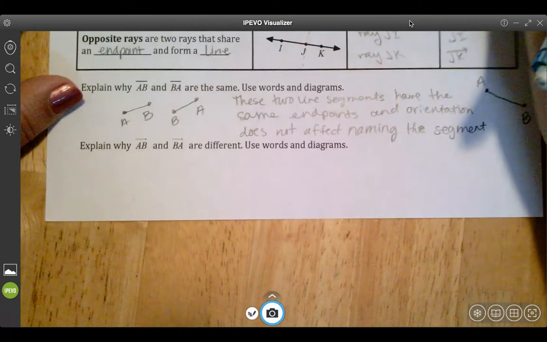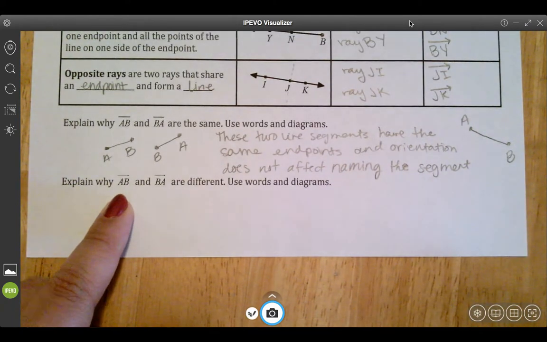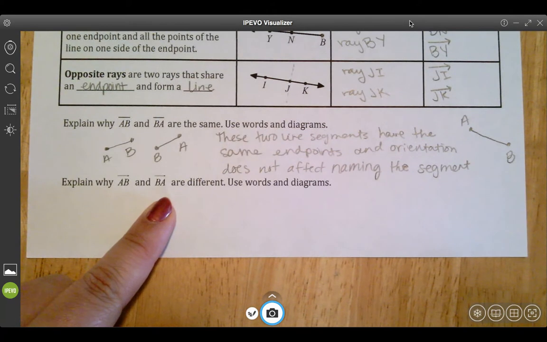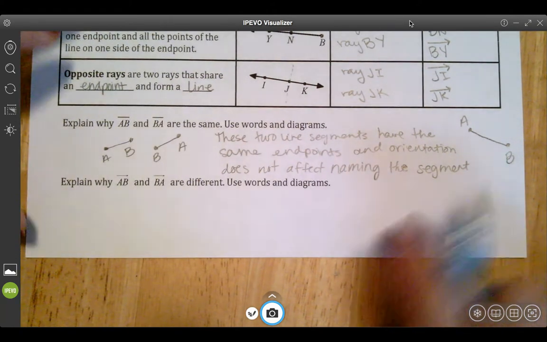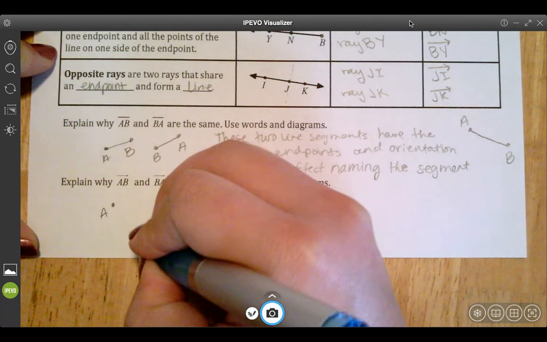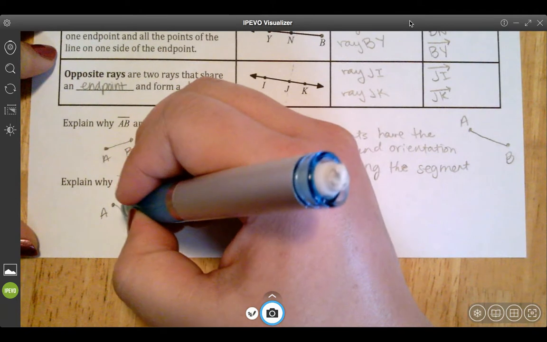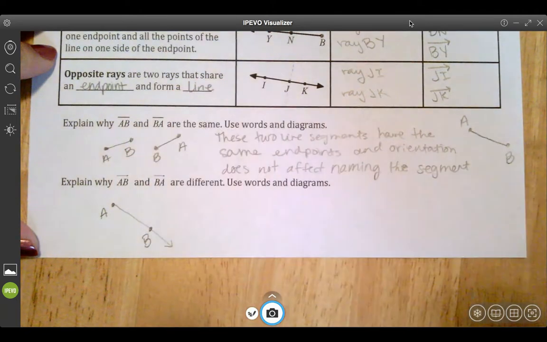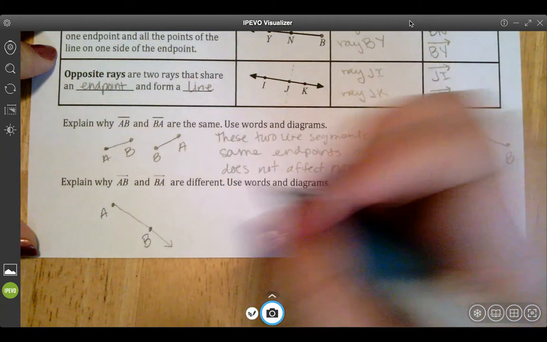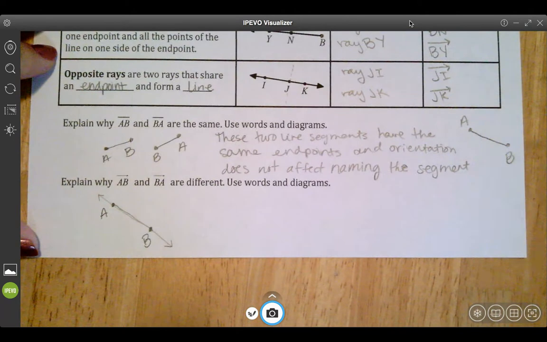How about if we look at these rays? So we have ray AB and ray BA. Are these different? Well, let's use that same logic of I have a given point A and a given point B. Then ray AB starts at A and goes past B. But ray BA starts at B and goes past A. So are they the same ray?